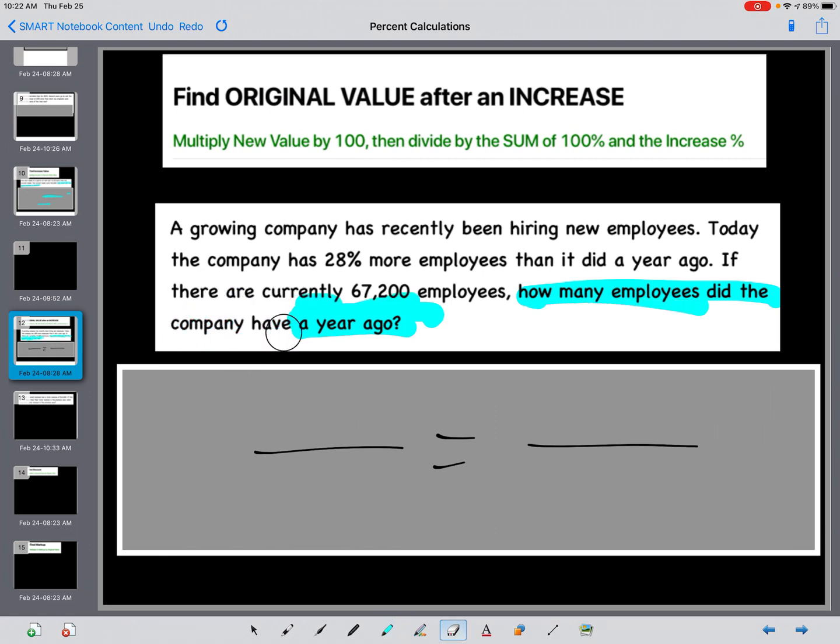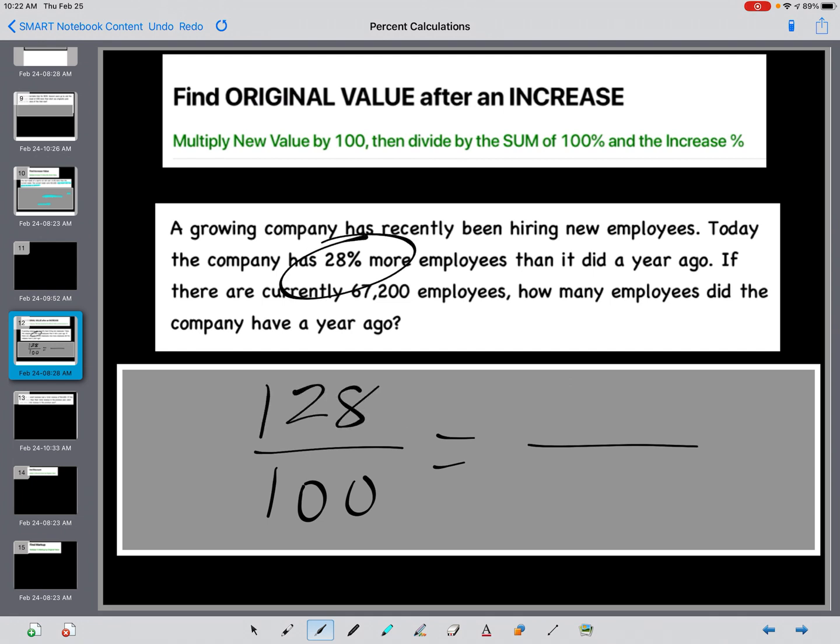And so the calculation is going to be just like the previous one, where we're going to put 100 here. We're also going to understand that this is 28% more, so today it's 128% of what it used to be. So we add that 28%. And of course, today's number is associated with that new percentage, and we're trying to find last year's number. So it's going to be 67,200 times 100.